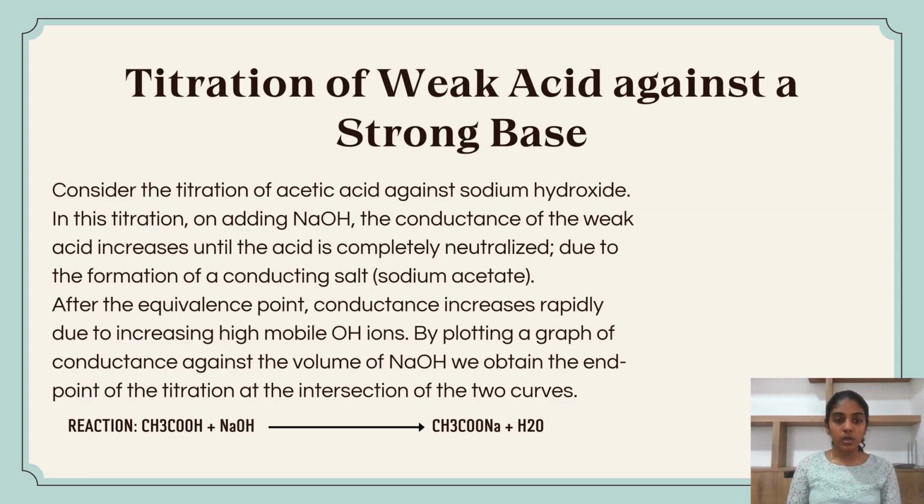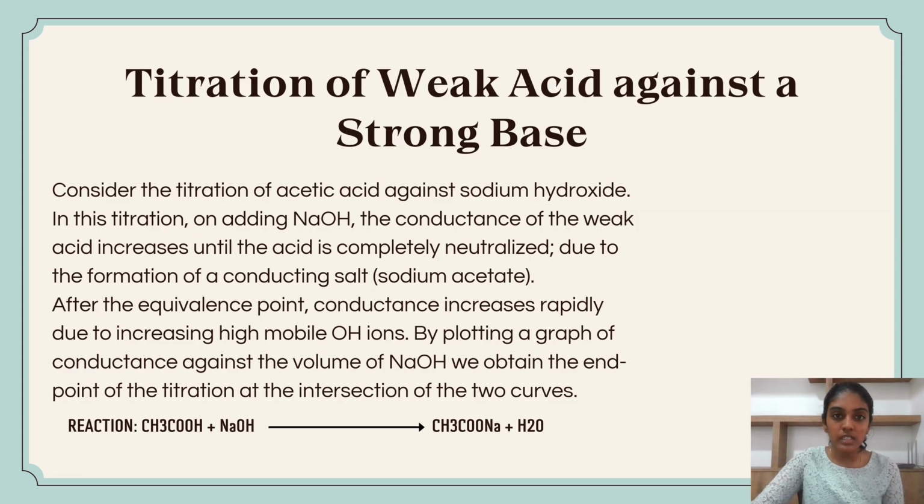After the equivalence point is achieved, the conductance increases rapidly due to the increasing mobility of the hydroxide or OH- ions. And by plotting a graph of the conductance against the volume of sodium hydroxide, we obtain the endpoint of the titration at the intersection of the two curves.